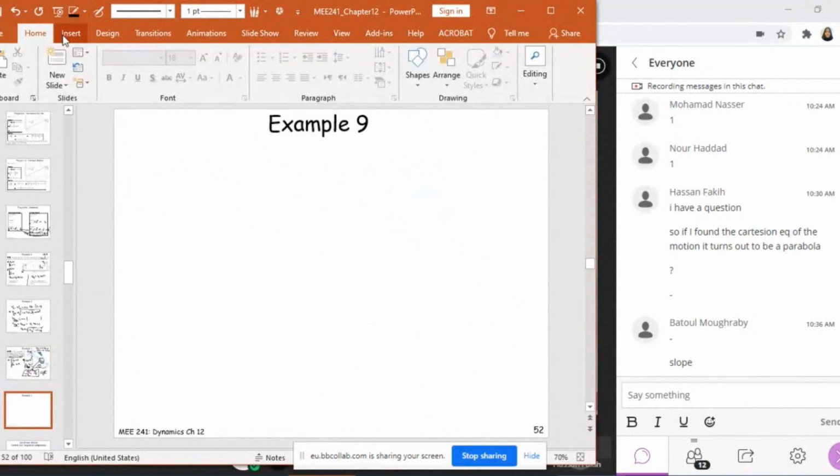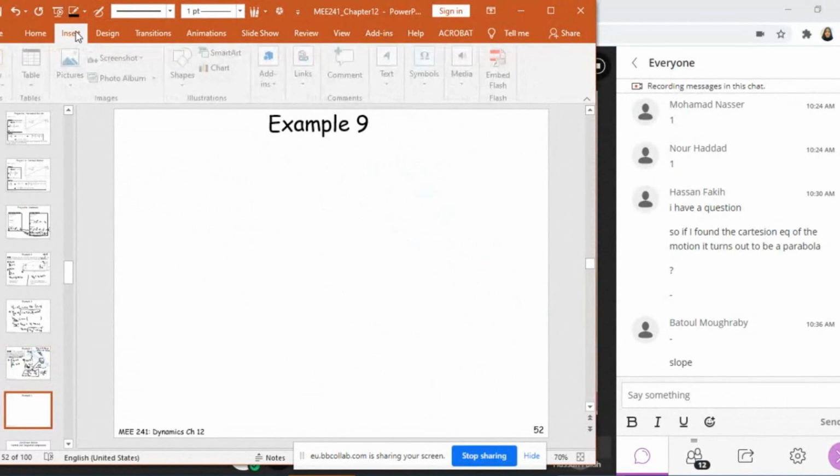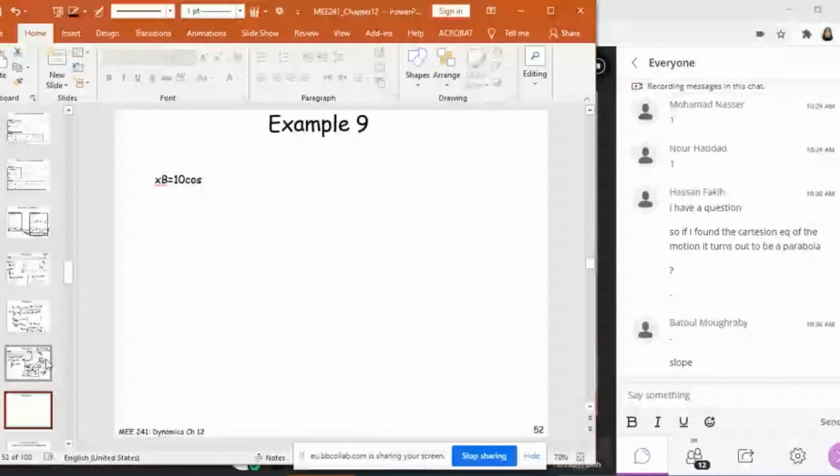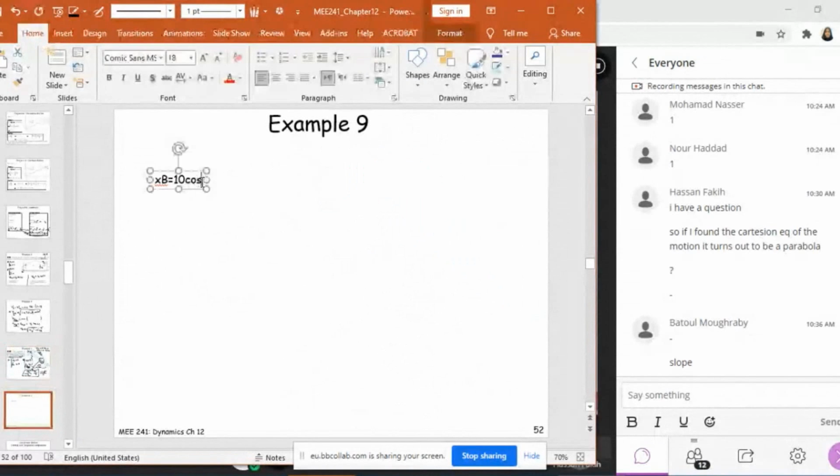I know that xb is equal to V0x, which is 10 cosine. What is the angle? Cosine 40 also. It's 40 also? Yes. 10 cosine 40 plus 0. And I know that yb from the vertical direction is minus 0.5 times 9.81 t squared.